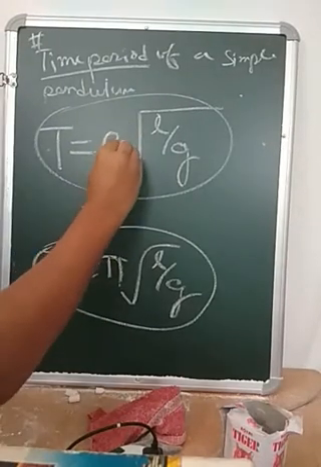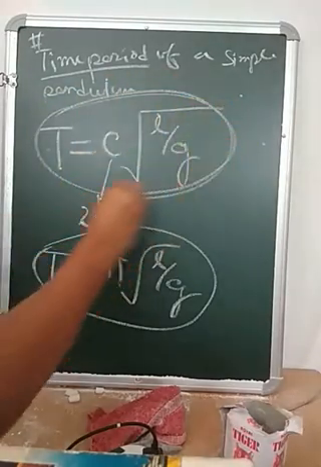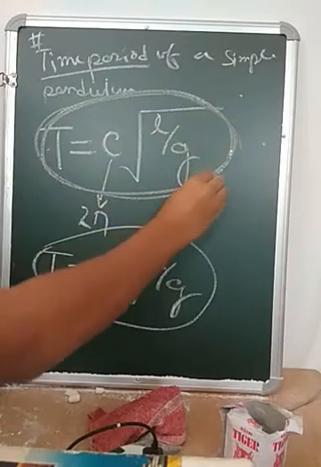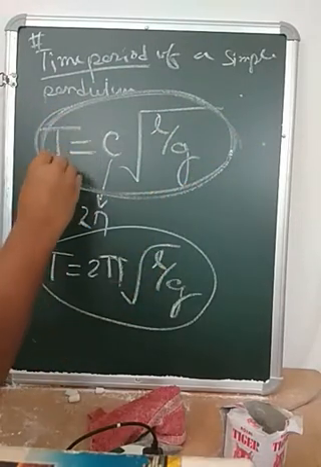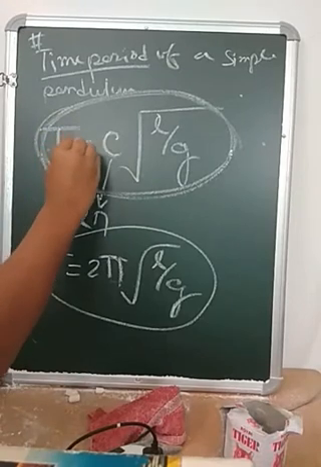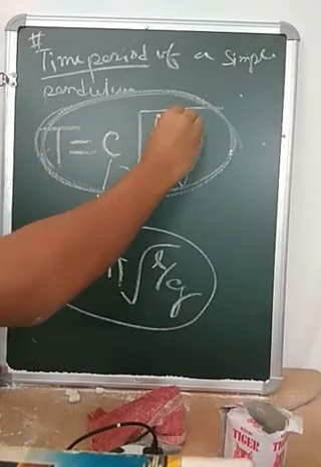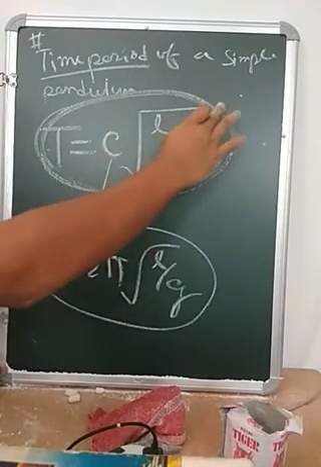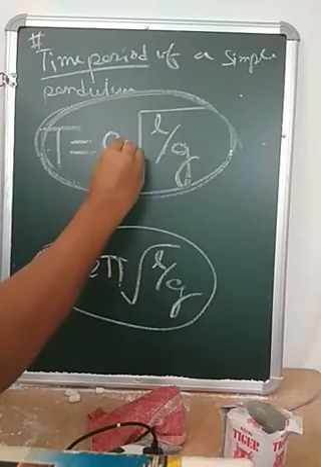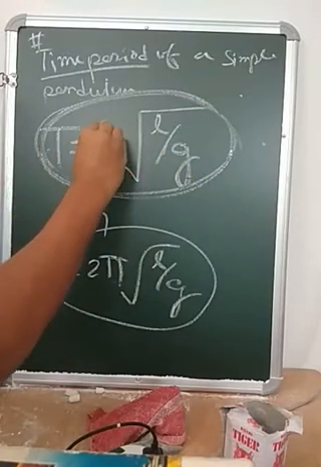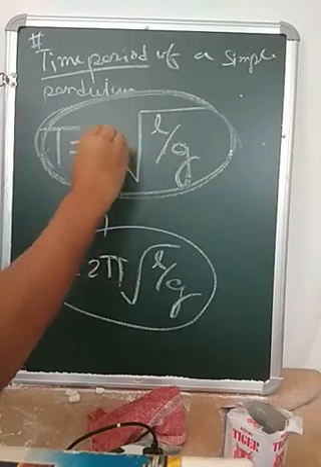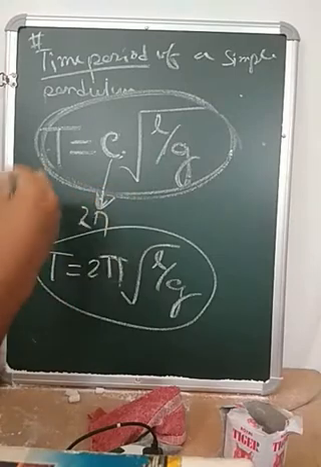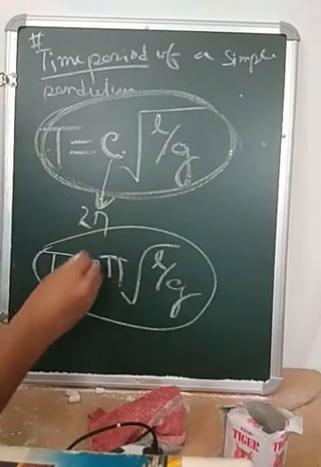From the dimensional formula, we derive up to this. By using dimensional formula, we can understand how the time period of a simple pendulum depends on l and on acceleration due to gravity g. But with the help of dimensional formula, we cannot determine the constant. In the actual case, when you determine the time period, the constant is twice pi.